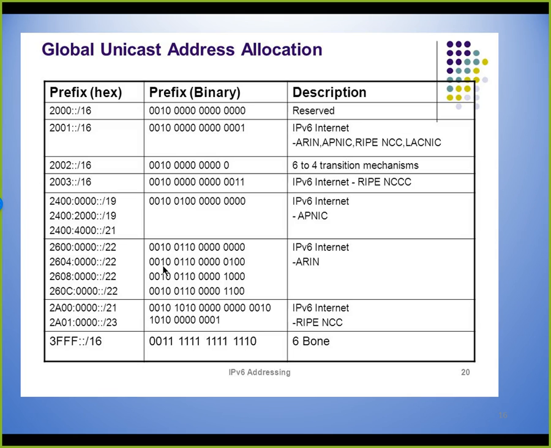You'll notice these down here, we write the prefix and then a double colon and /23, which says how many bits are in the network address, in the prefix. The 2600s, mine was 2605 I think, are the ones ARIN, for North America, is distributing in the different parts of the country.